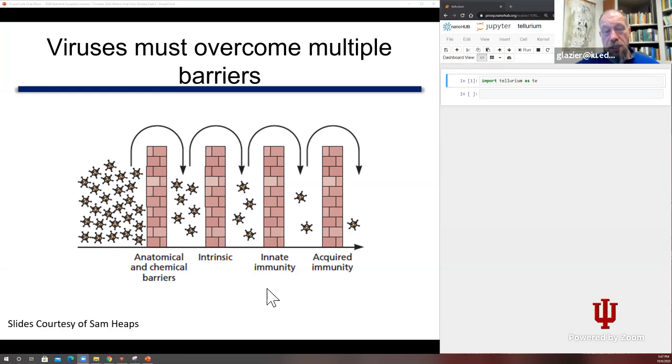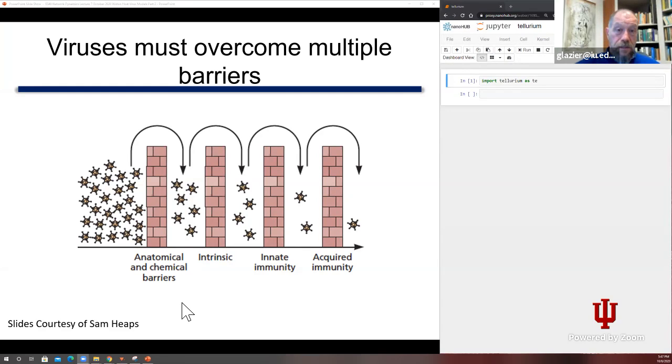There are waxes and other molecules in your sweat, in your skin, in your lungs, in your eyes, that are all there to keep viruses and bacteria from getting in. And there are also mechanical barriers like the skin, the dead layer on the top surface of your skin. So to get a virus into you to become infected, you have to cross those barriers.